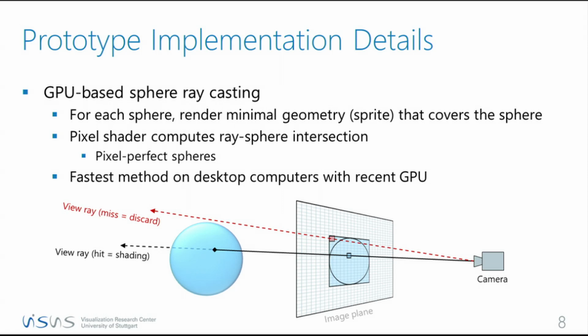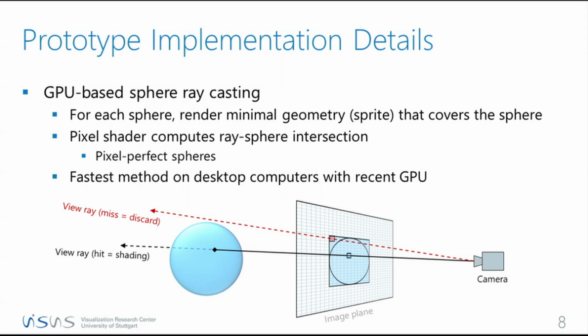Then in the pixel shader, you compute your ray-sphere intersections, and you get a pixel-perfect image of your spheres without generating triangles that discretize the sphere. This is actually the fastest method on current desktop GPUs.